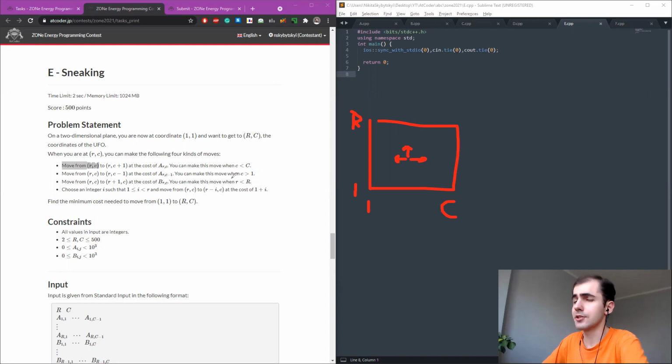Makes sense. At some cost, okay. And when we move up, we move at a different cost. Makes sense. Choose an integer i and move from (r, c) to (r minus i, c) at the cost of 1 plus i. So we can move down.